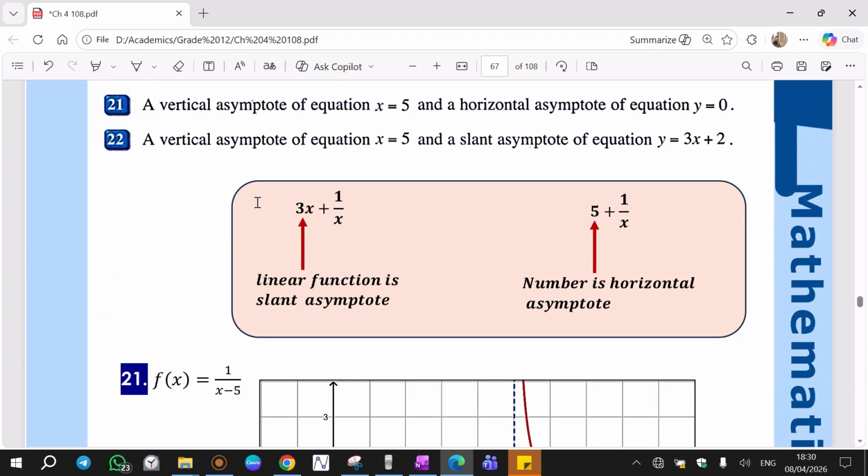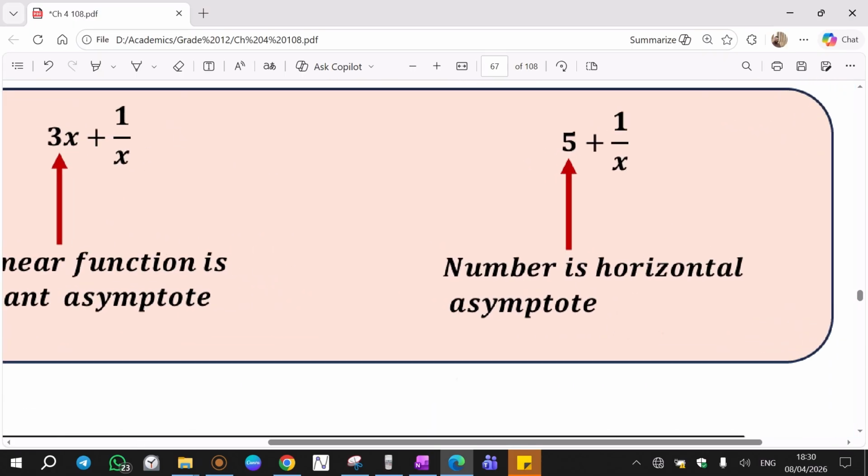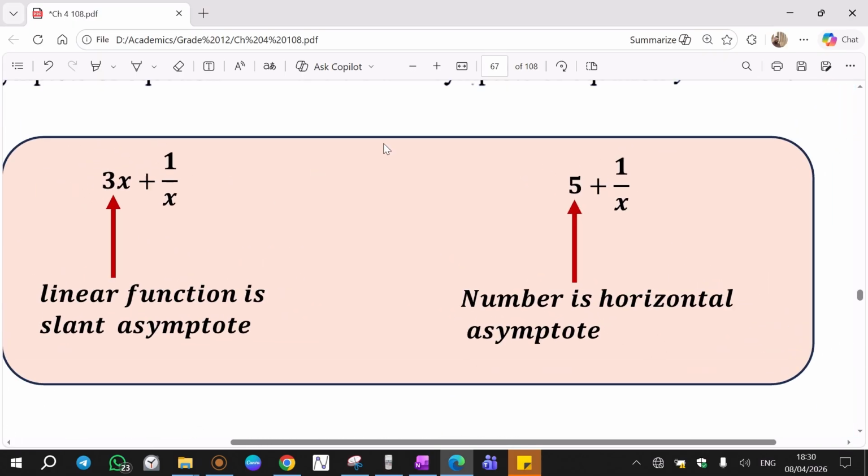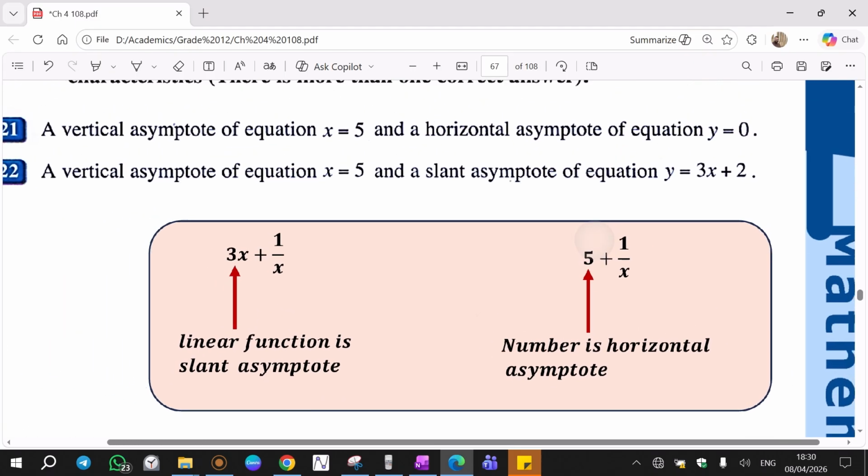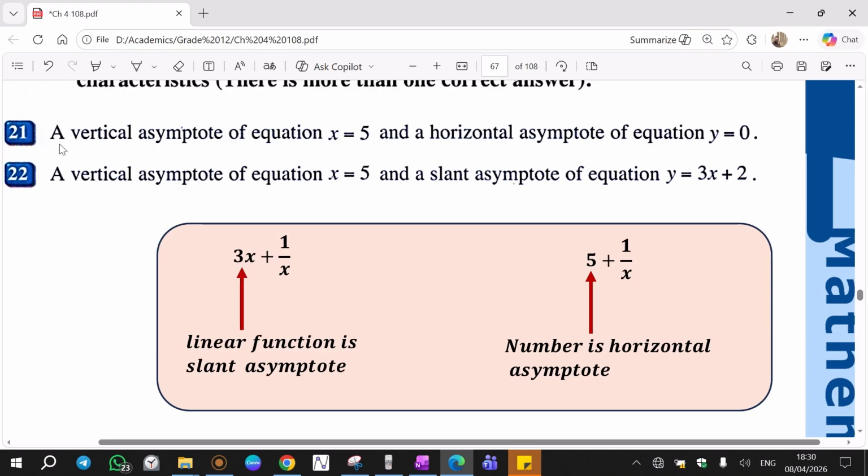This note is a very good note. Whenever you see a constant next to a fraction, that constant is directly horizontal asymptote. And if you want to find slant asymptote, it's usually written as a linear function next to a fraction. Then using this note, we can solve these two questions. A vertical asymptote at 5 means if I put 5 in place of x, I'll get 0 in the denominator only, not in the numerator.